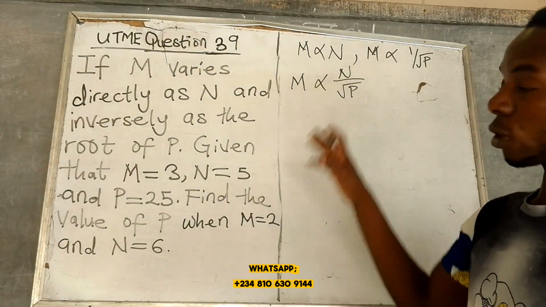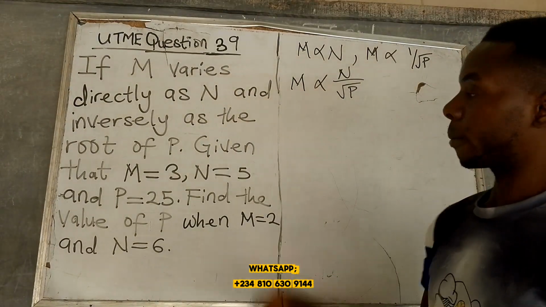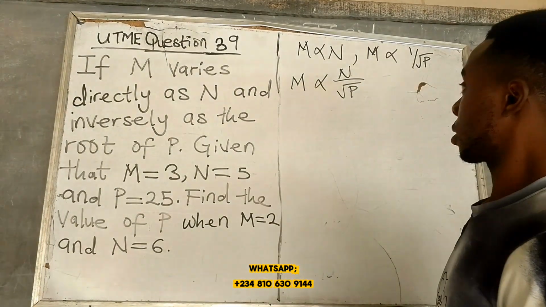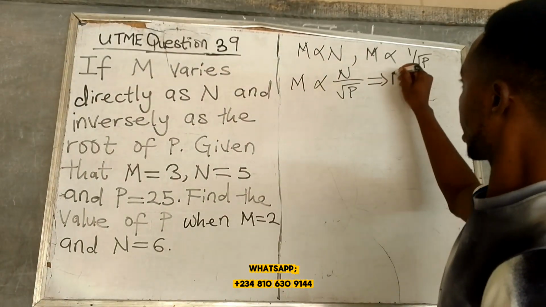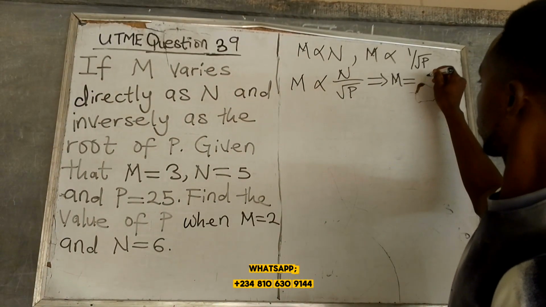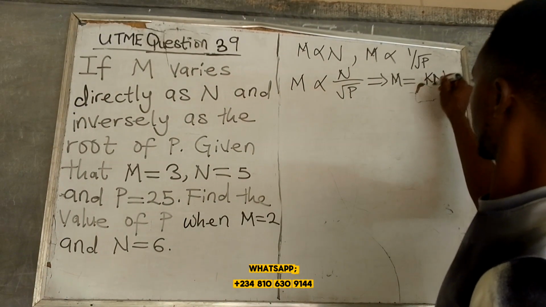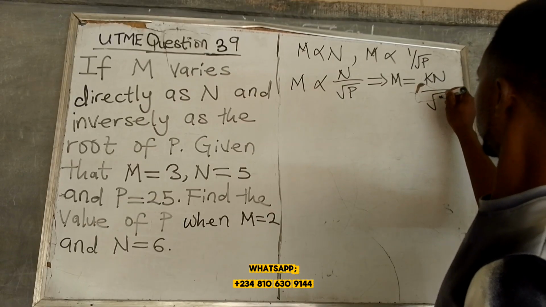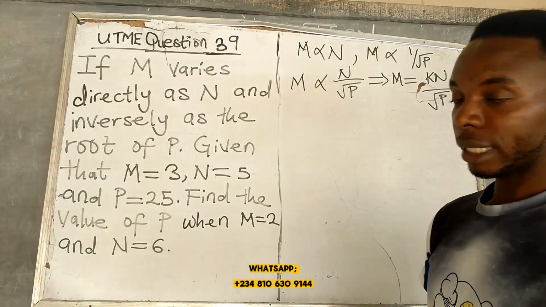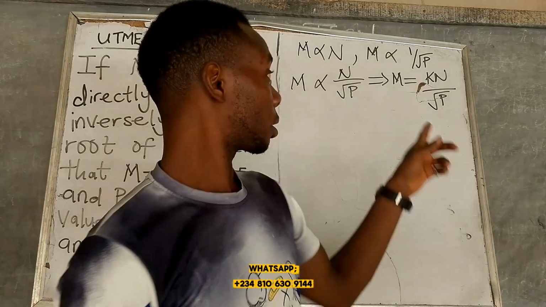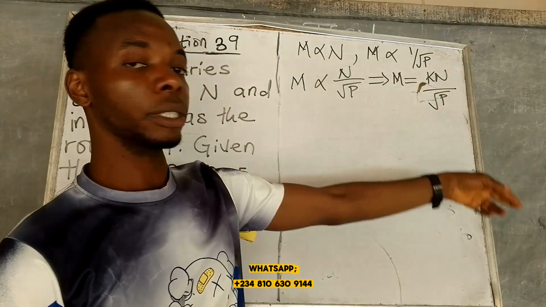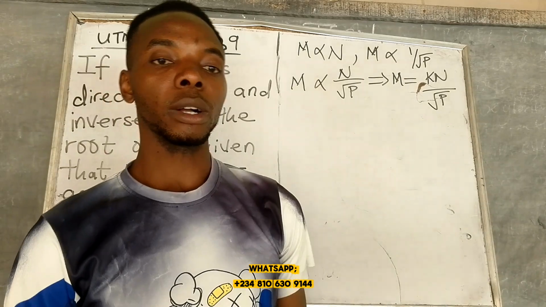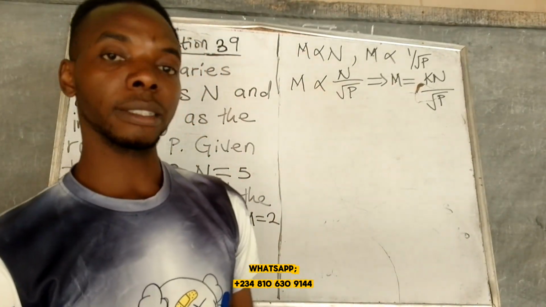Now, if we introduce a constant in this relationship, this implies that m is equal to kn over root of p, where k is the constant of this proportionality.